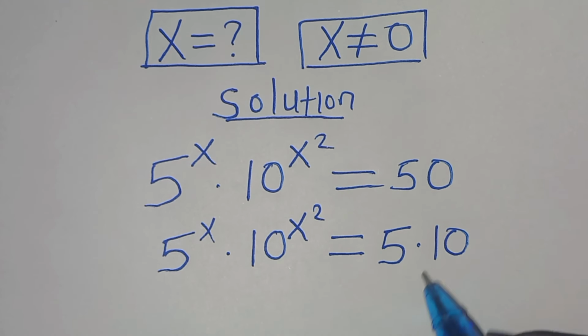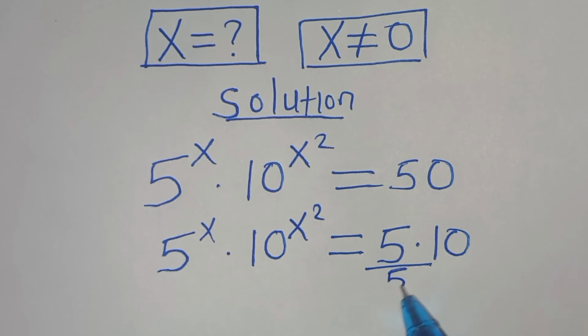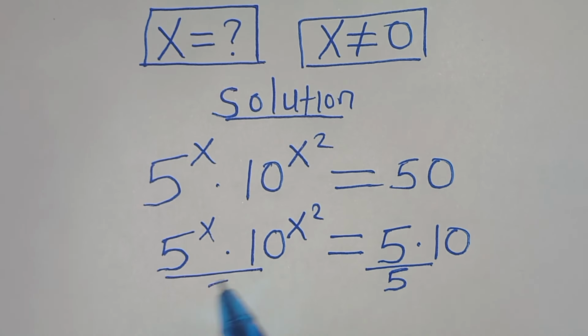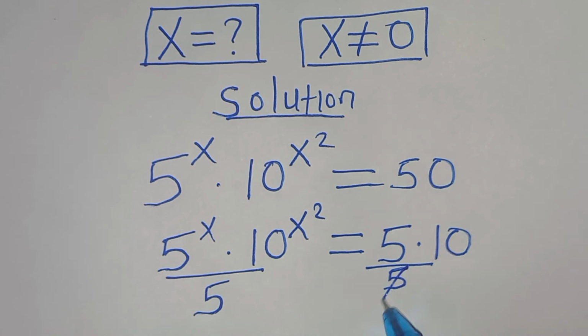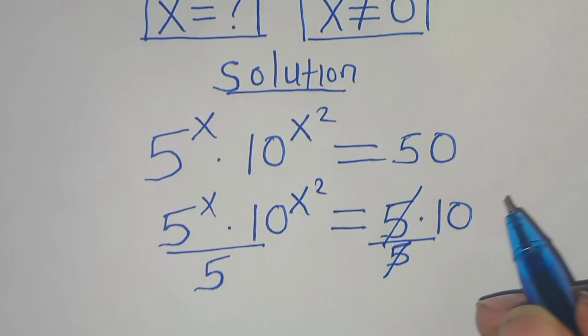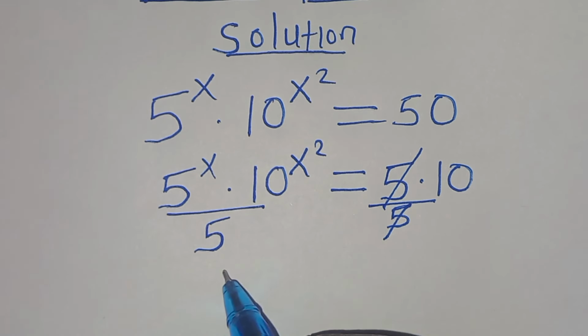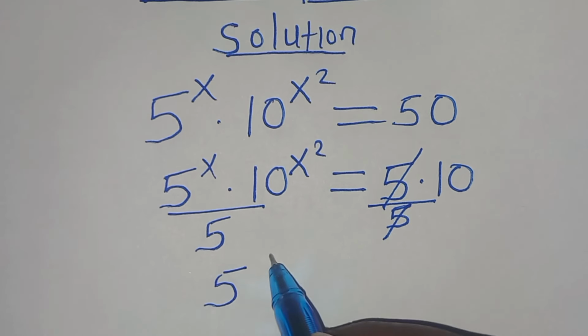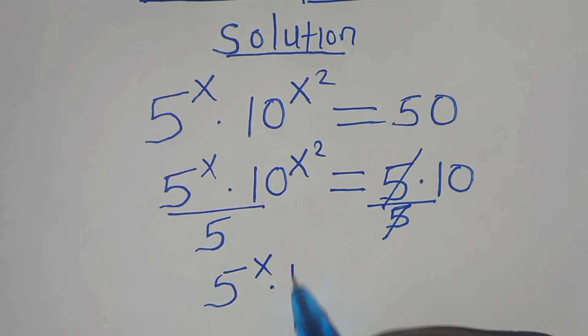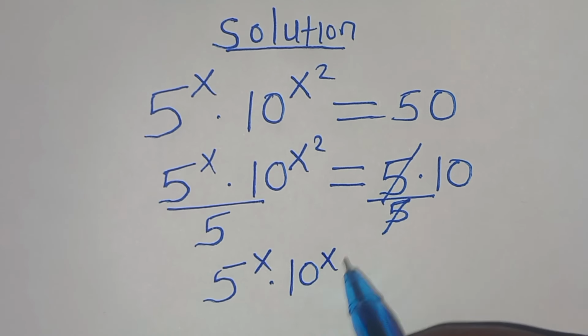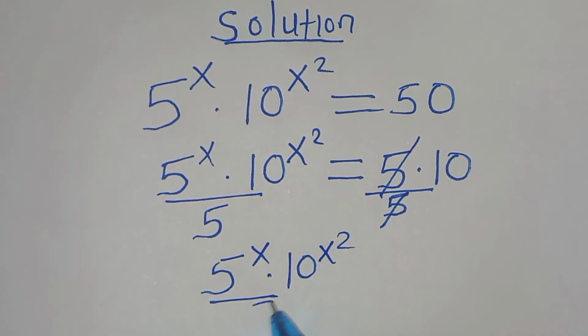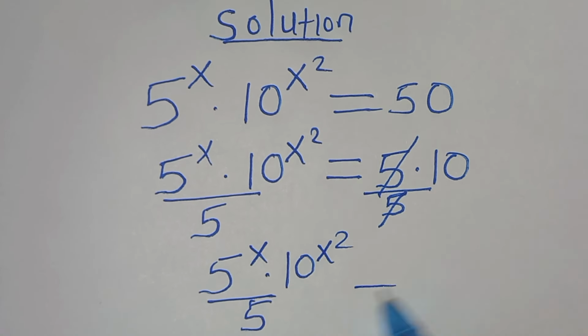So the first step is to divide both sides by 5, so that now 5 and 5 on the right-hand side simplify. So now we have 5 to the power of x times 10 to the power of x squared divided by 5. This is equal to 10.